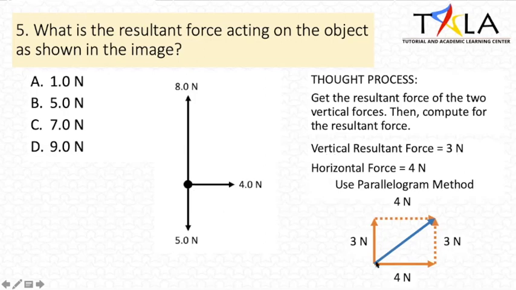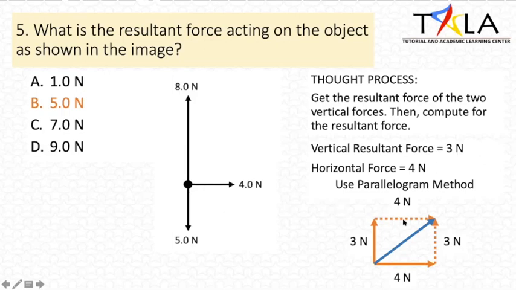Okay? So, write it this way, 3 newtons upward, kasi yun yung vertical resultant force natin, and 4 newtons going to the right.